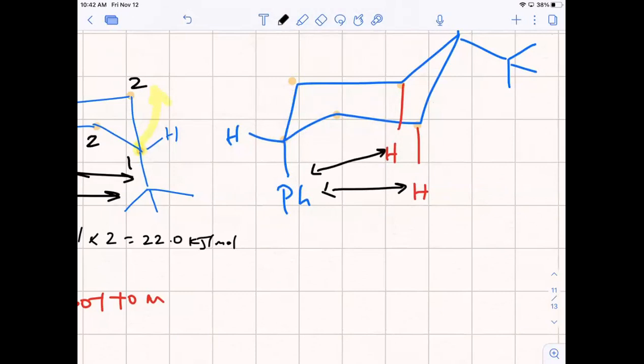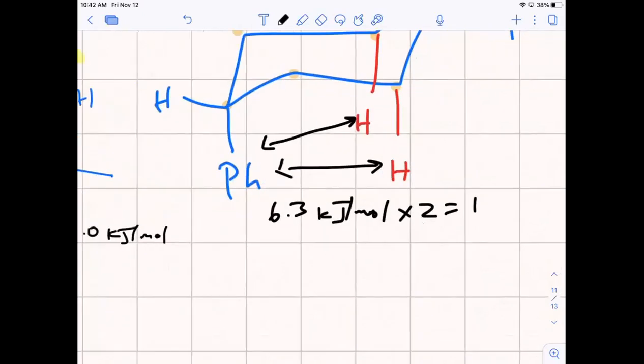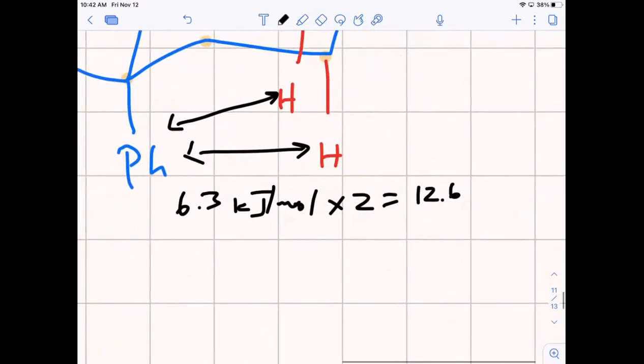It's both of them. So that's going to be 6.3 kilojoules per mole times 2, because there's always 2 axial hydrogens. All right, so what is that? 12.6 kilojoules per mole.